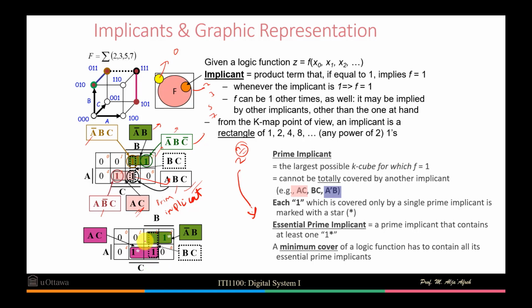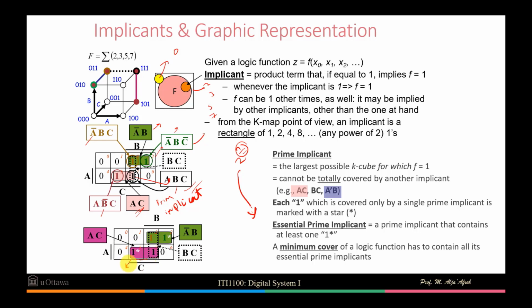Let's apply that on this example. So this one, my goal is to group this one in a group of 8. I could not. In a group of 4, I could not. In a group of 2, yes.